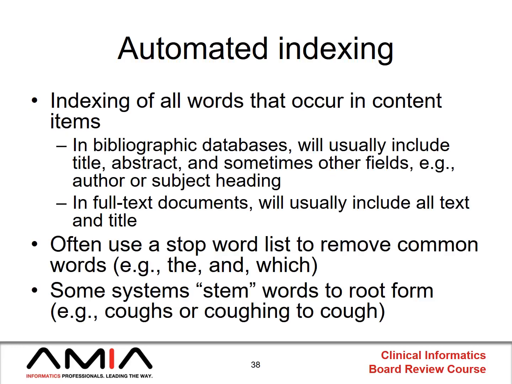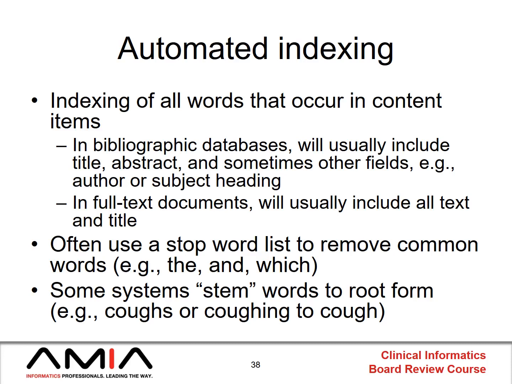The other major type of indexing is automated indexing. This is a process that is done by a computer program and involves the indexing of all words that occur in the content items. So in bibliographic databases, the automated indexing process will include all the words in the title, abstracts, and sometimes other fields such as the author or subject headings.